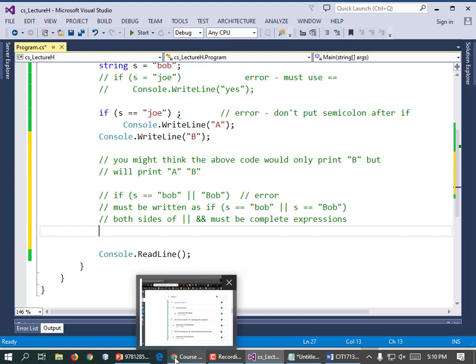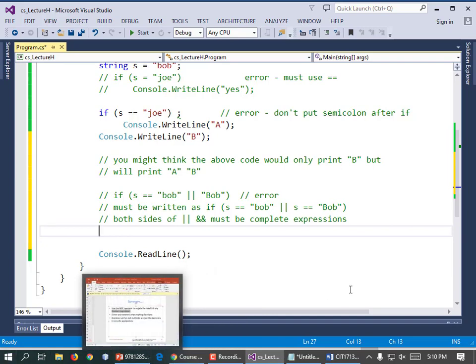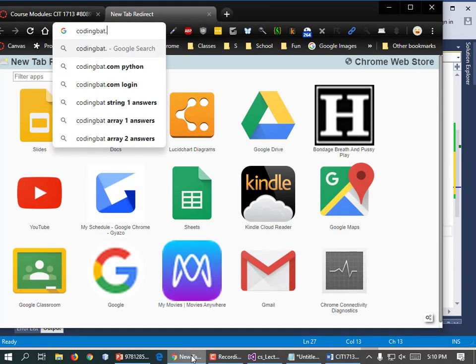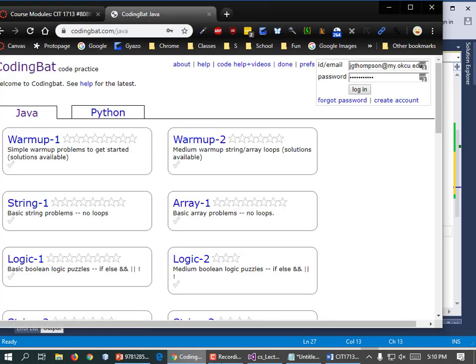There's a site called codingbat.com with coding logic problems. C# is different enough from Java that I'm not going to be able to assign these to y'all. Too bad. I'm unhappy about that.